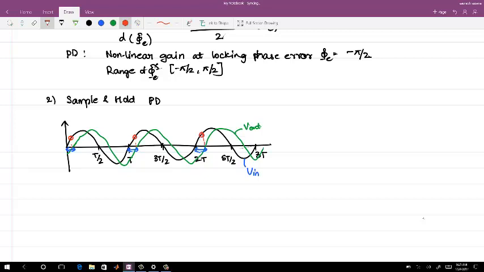If I sample at all the rising edges, then all the red markings which I have shown should be the same value. There is no doubt about that. And if the frequency is different, then you will start sampling a different value at every rising edge.